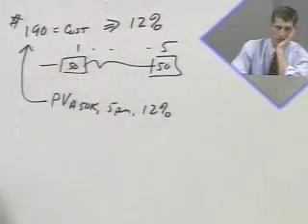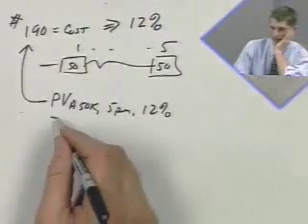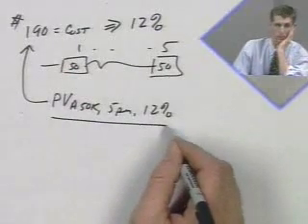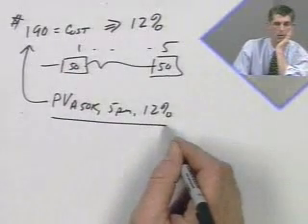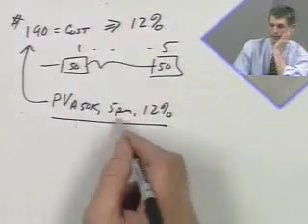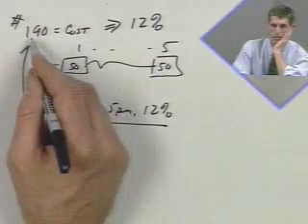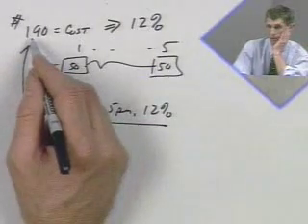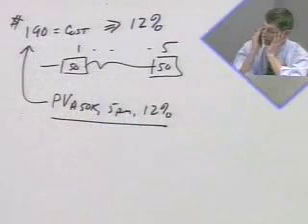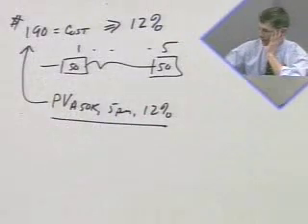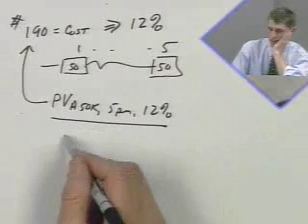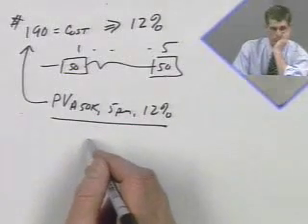The present value of the cost. And if the benefits were greater than the cost, what would we do? We'd buy it. If the benefits were less than the cost, we'd not buy it. So we do this present value calculation, and what's the present value?